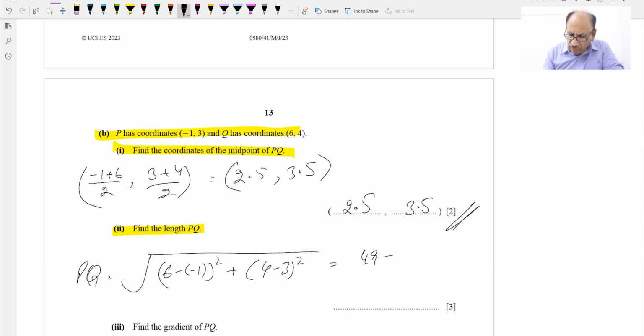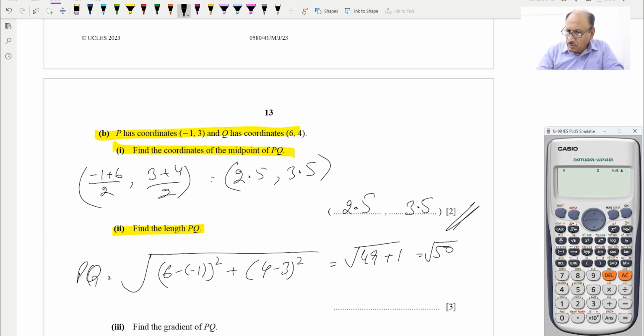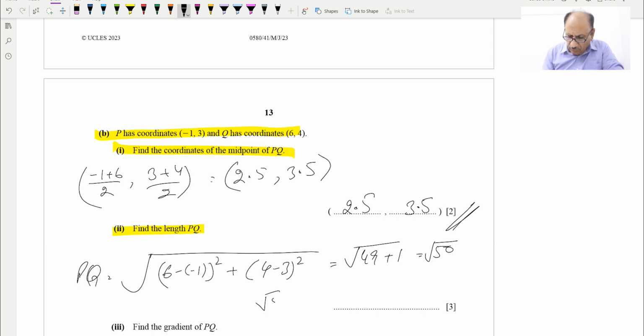49. 7 squared will be 49, plus 1 squared will be 1, under root, and we can write square root of 50. The square root of 50 is equal to 5 root 2.